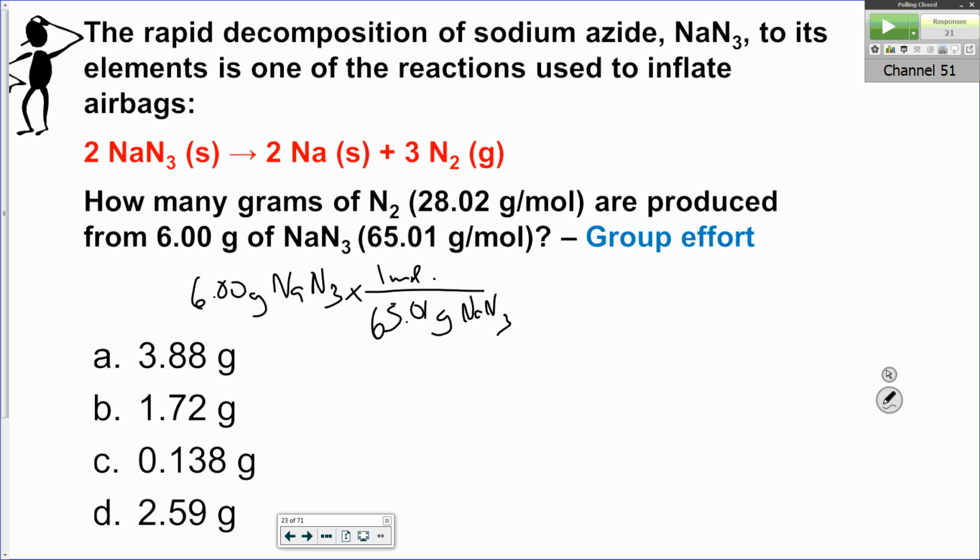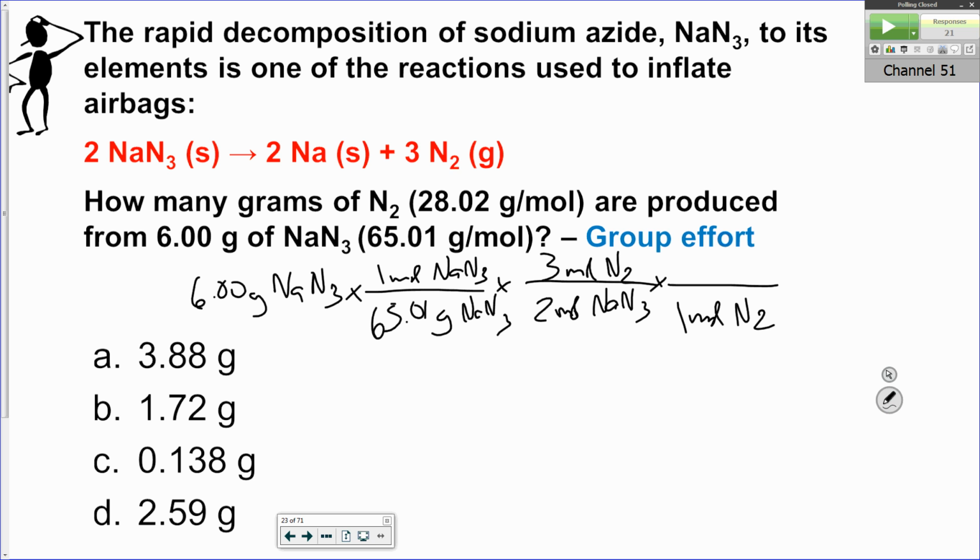For 1 mole of sodium azide, the stoichiometry says that 2 moles of sodium azide react to form 3 moles of nitrogen gas. 1 mole of nitrogen gas weighs 28.02 grams of nitrogen gas.